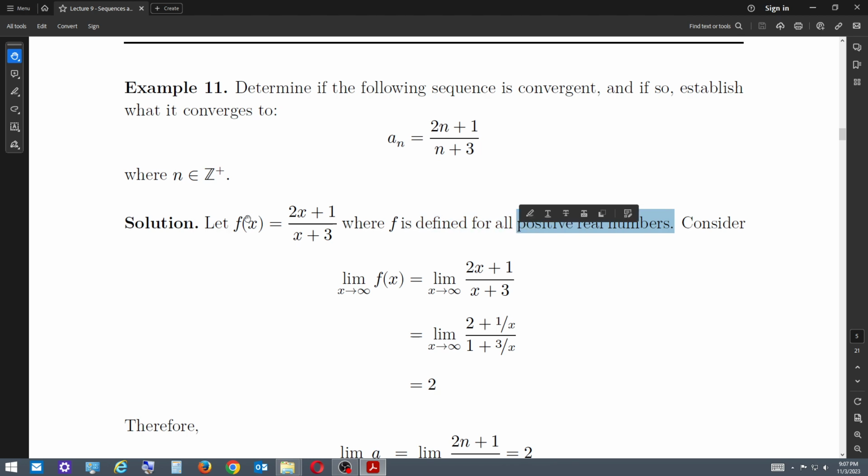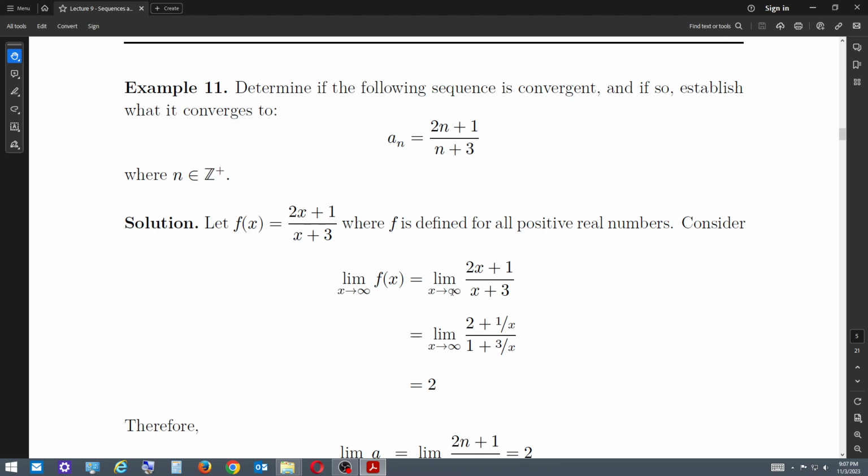So we let f of x be this expression where x belongs to the set of positive real numbers, and we consider the limit as x goes to infinity of f of x.